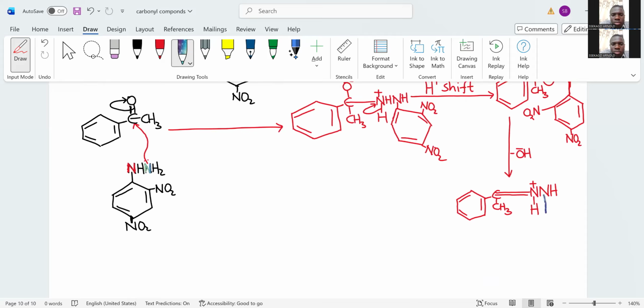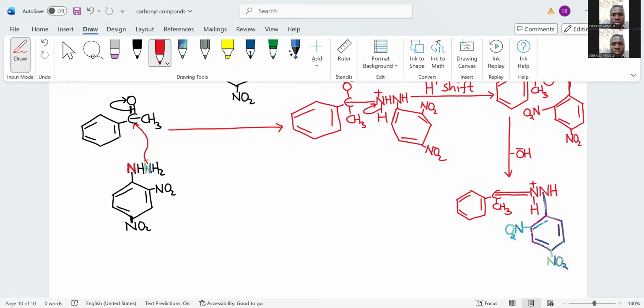So I am bonding this nitrogen with a benzene ring, like that.